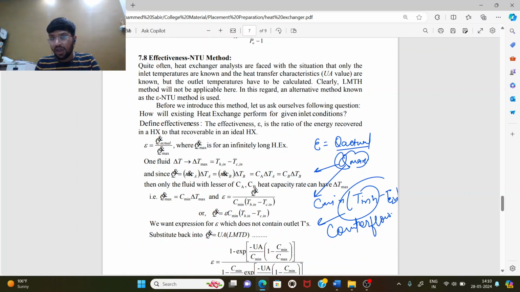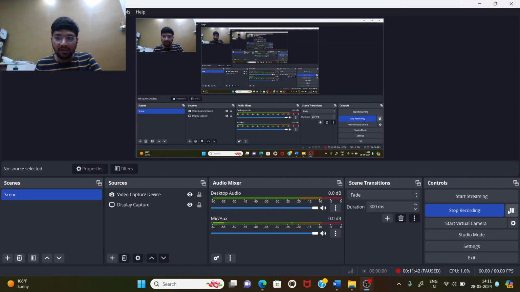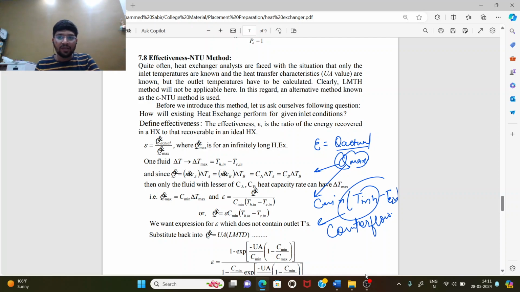If the exit temperature of the hot fluid becomes equal to the inlet temperature of the cold fluid, then maximum heat transfer takes place. So we can write Q maximum as C minimum times (T_H,in minus T_H,exit). This is the main reason behind it.